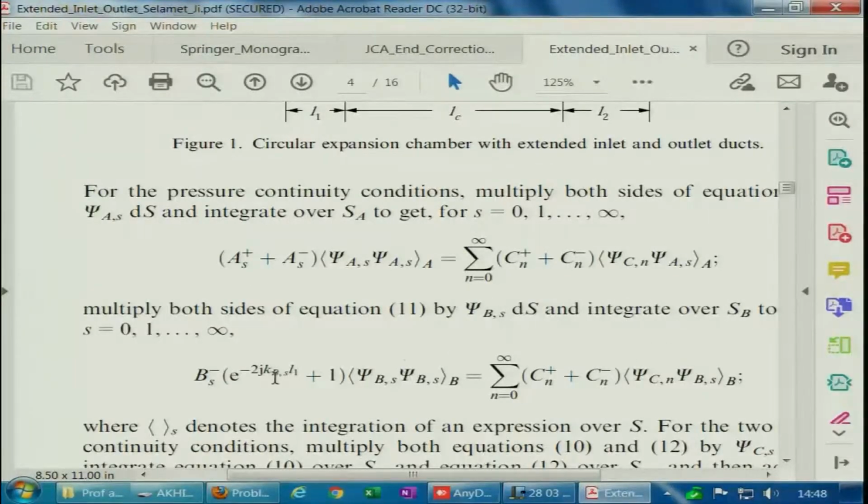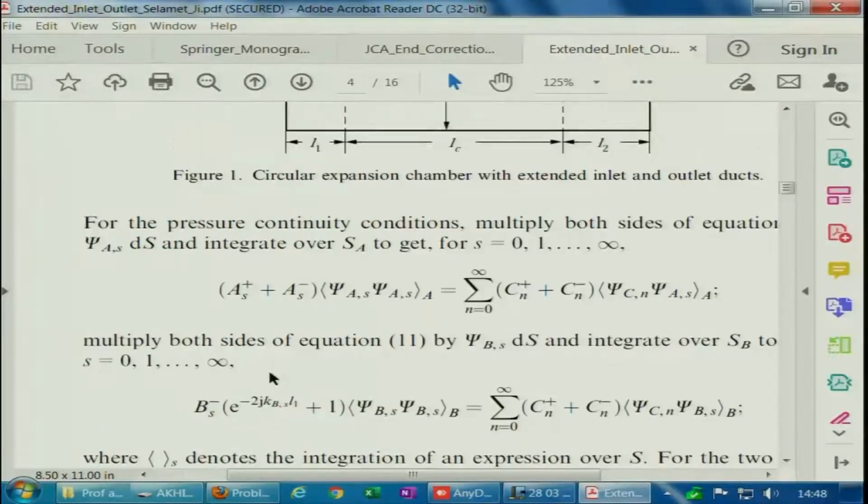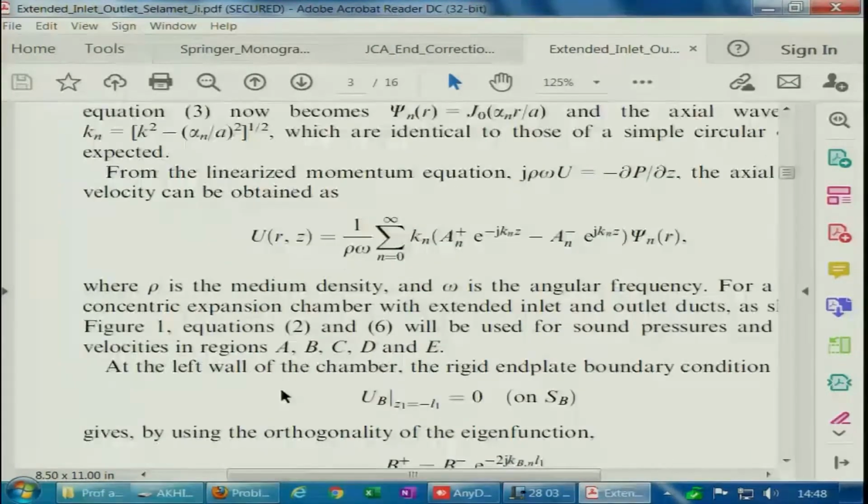So, there is no problem here, I believe, until this part, because again k b s can be written as j times the root of whatever we are getting, with the convention that is followed. What is the convention?